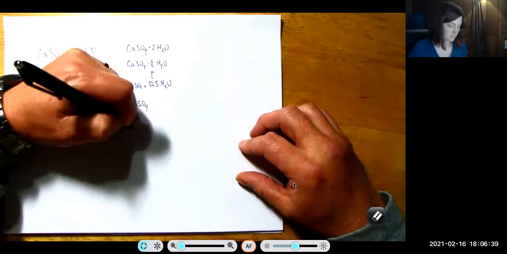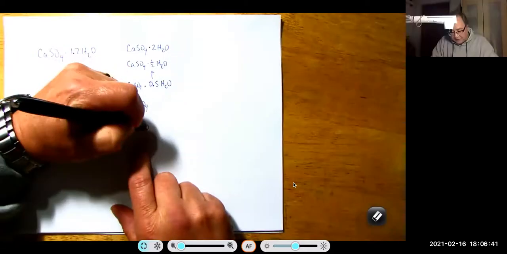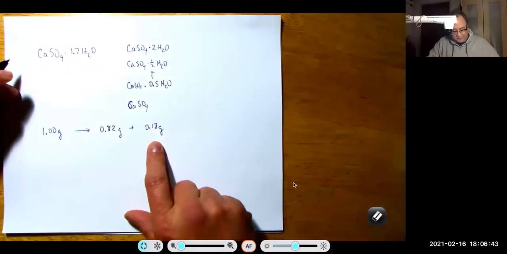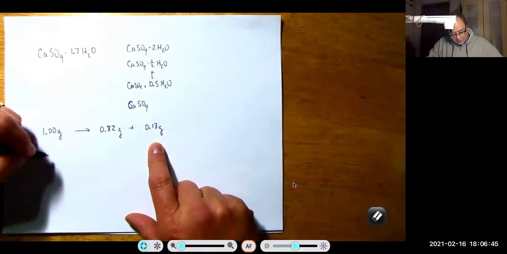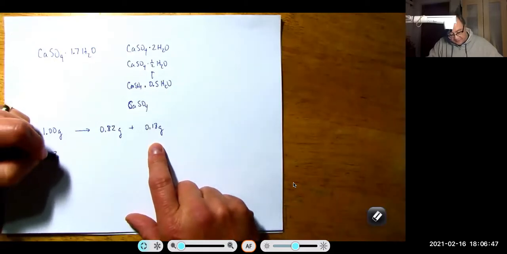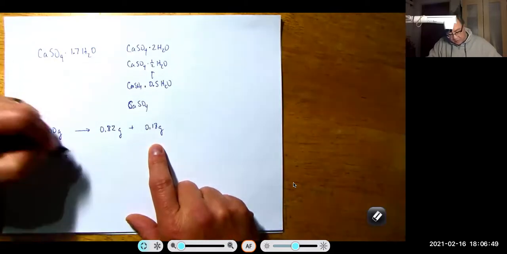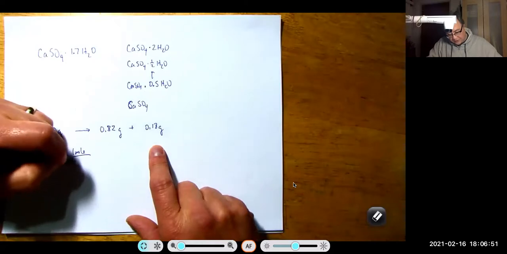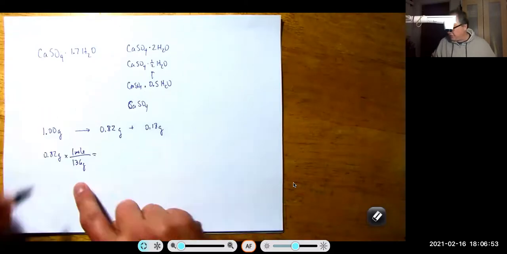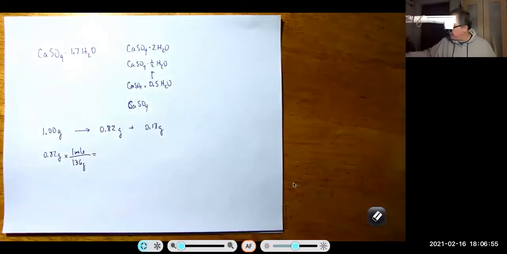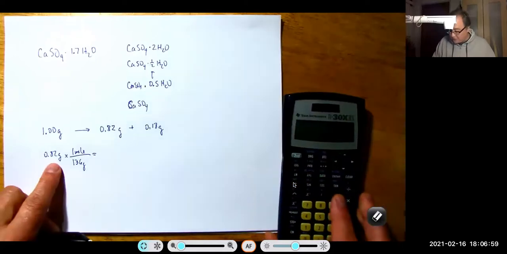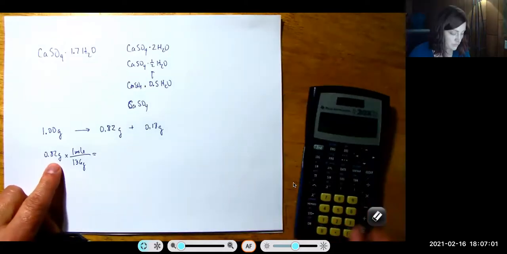Now that would mean that you had 0.18 grams of water, right? Okay. So if you take your 0.82 grams and multiply by 1 mole per 136 grams, I can't do this one in my head, but I know the answer is going to be smaller than 1, right? It better be.